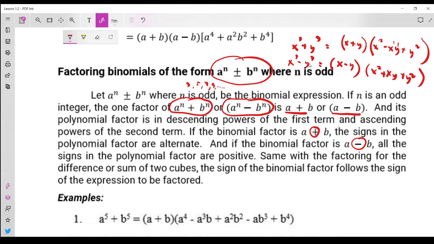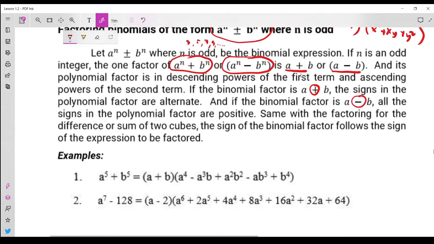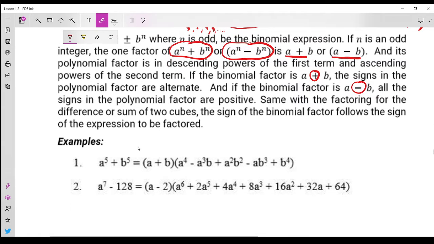Take note that 3 is odd. Let's say, for example, a raised to 5 plus b raised to 5. Just make sure that we have the same exponent, 5 and 5, and that it is odd. Our binomial factor is just the base, so you have a plus b.